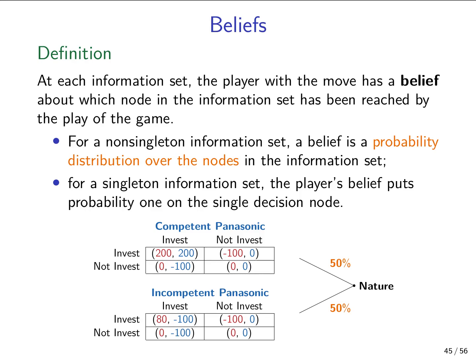The belief about which node they are in is just based on the probability of how nature will pick, like 50% here, 50% here, depending on whether Benson is competent or not. So here, same idea.